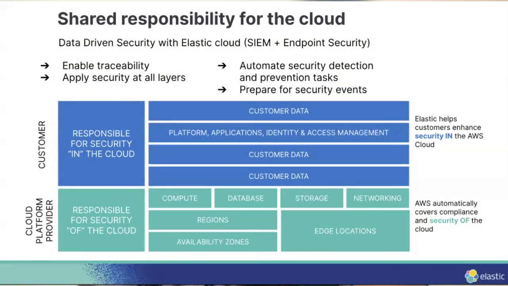So AWS basically will look after the security of the cloud, and the customers are responsible for security in the cloud. Now, what does that mean? When we talk about security of the cloud, AWS is responsible for protecting the infrastructure that runs all of the services offered in the AWS Cloud.